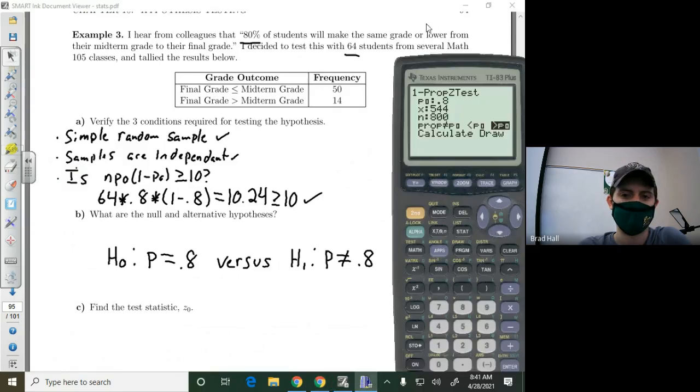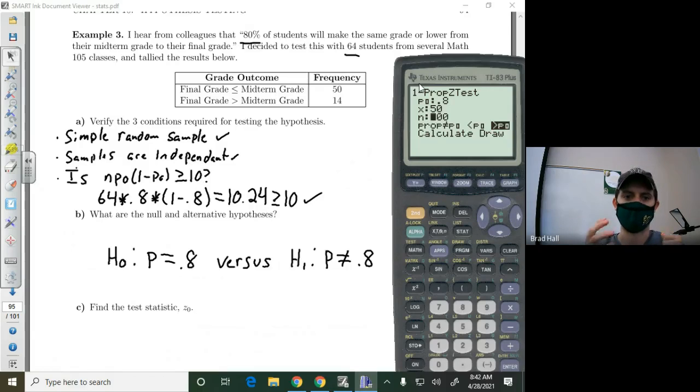What's x? You have 2 numbers. You have 50 and 14. So which one is it? It'll be 50. How do you decide? The reason why it's 50 and not 14 is, what is the 80% referring to?